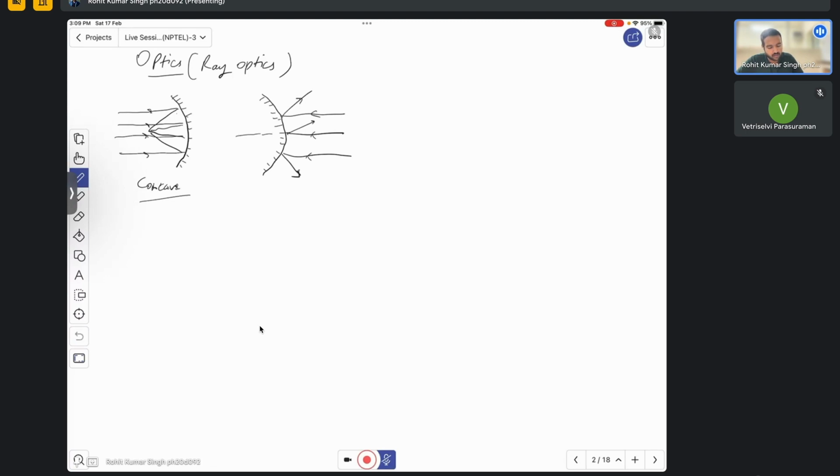You can backtrace the rays to see where they find their focus.